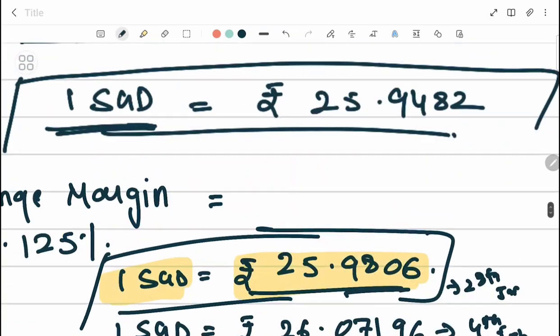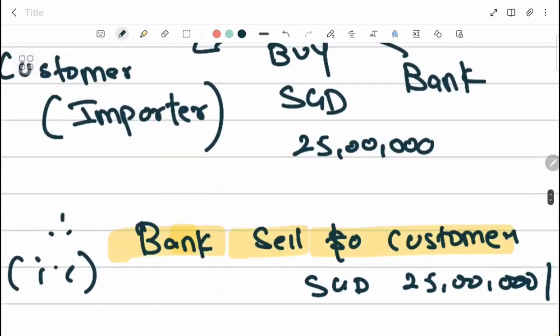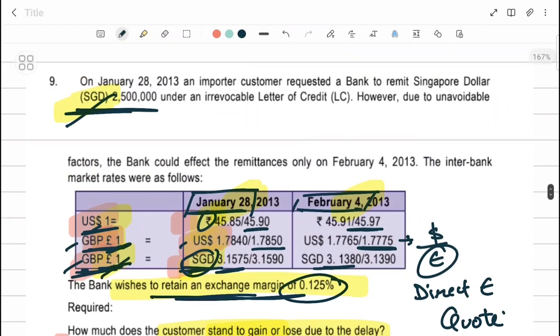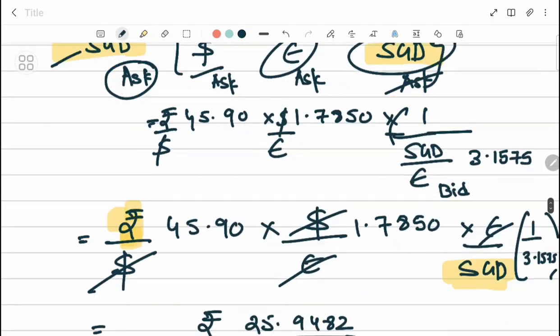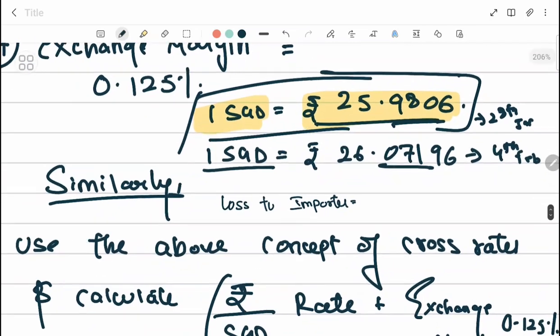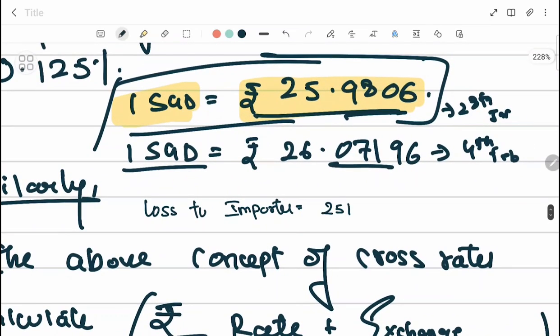would be how much? Initially the exposure was 25 lakh. Here, see, 25 lakh SGD is what he wants, and for that he has to pay extra of how much? 25 lakh SGD. Extra is 26.0719 minus 25.9806, 26.0719 minus 25.9806 into 25 lakh.